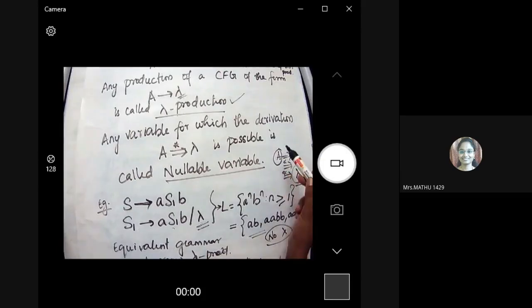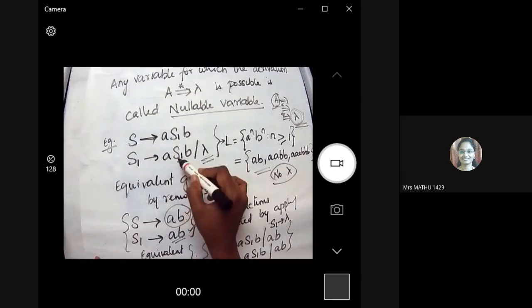After some arbitrary number of derivation steps, you will be able to generate a lambda. Such variables we call nullable variables. These nullable variables and lambda productions, we want to remove. We can do that by applying lambda wherever that variable is present.